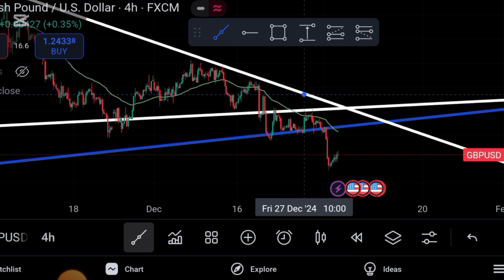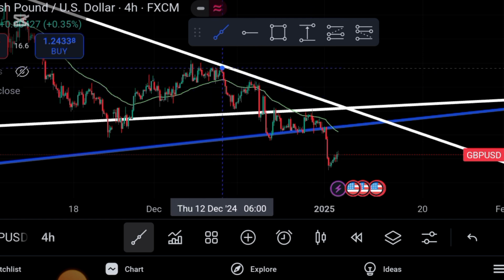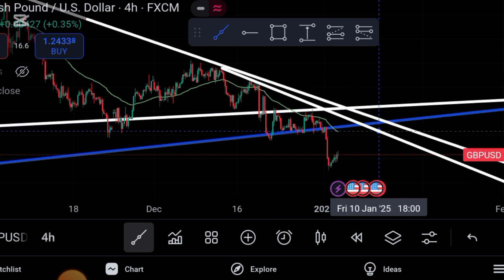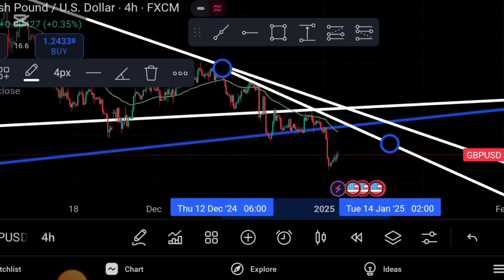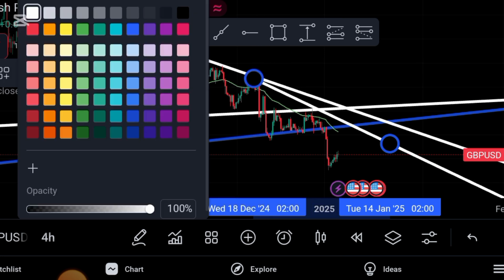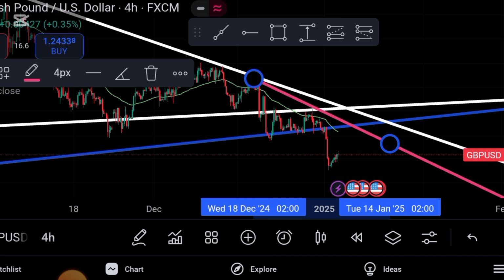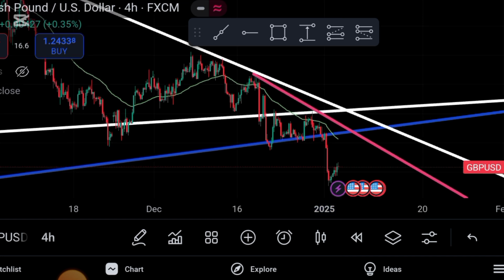We are going to be placing our trend line from here or from here actually. Go all the way down to here and maybe readjust it to this point here. Change the color to pink, which is my peaks. That's my trend line for the peaks.